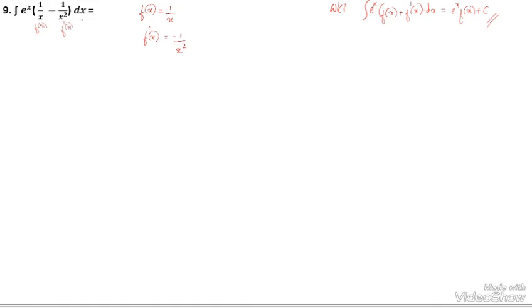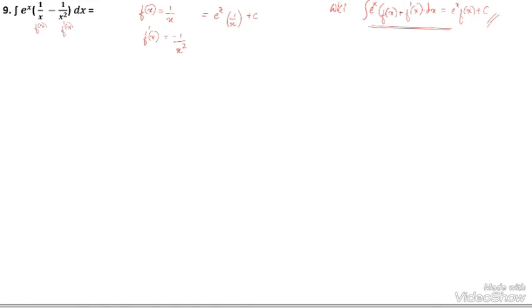Therefore, by applying the standard result for the integration of the exponential function, the result will be e to the power x f of x, where f of x is 1 by x, plus c. That is e to the power x into 1 by x plus c.